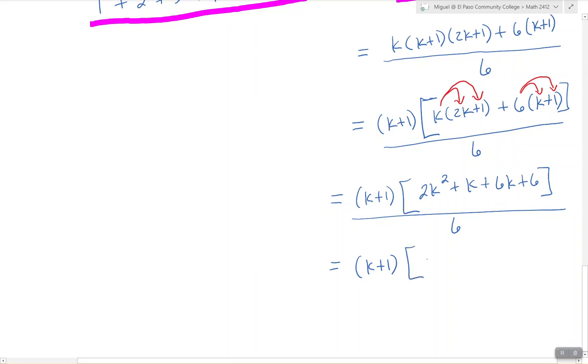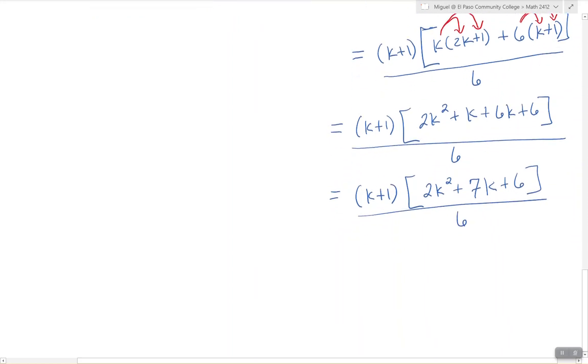We end up with 2k squared plus 7k plus 6. Okay, and let's see if we can factor this, the 2k squared plus 7k plus 6.